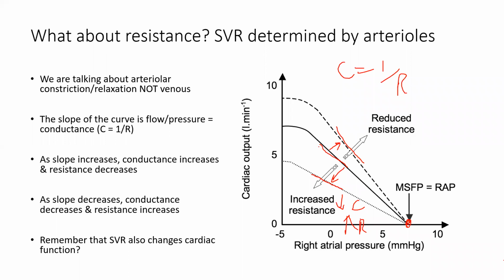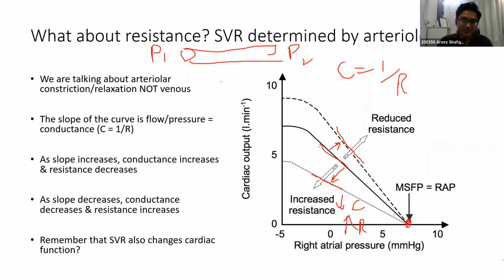Can you repeat the conductance definition? It's how easily the blood flows. If I have a blood vessel here, this is P1, this is P2. The pressure on this vessel, vasoconstriction, vasodilation, is resistance. The compliance is how easily this blood can move through. The resistance is trying to prevent this.